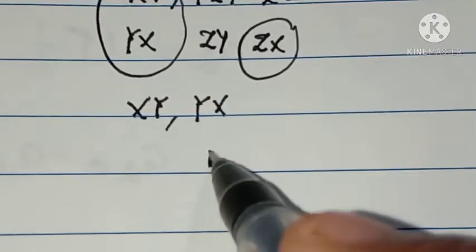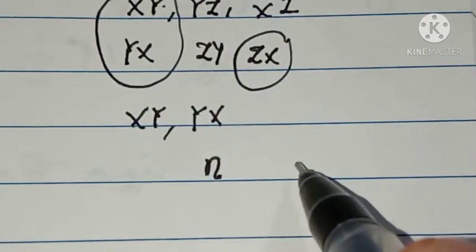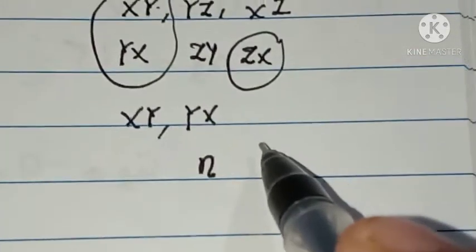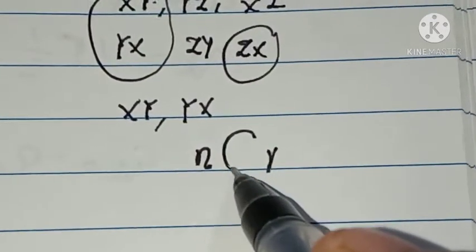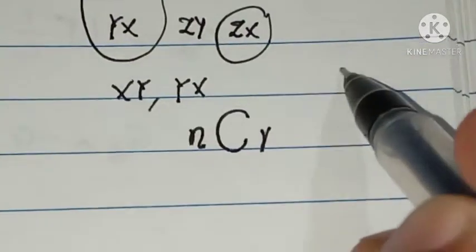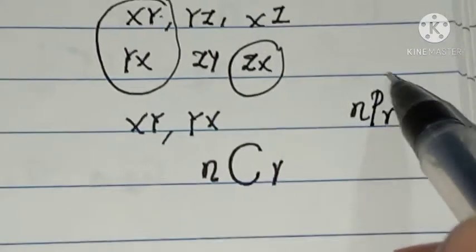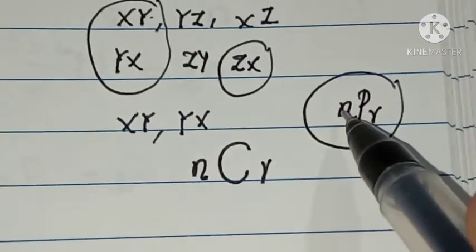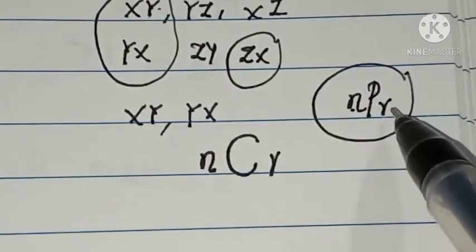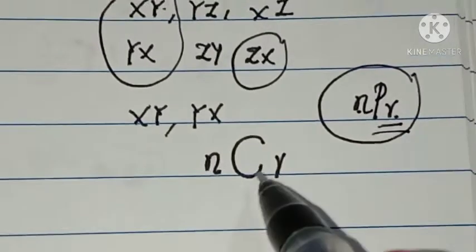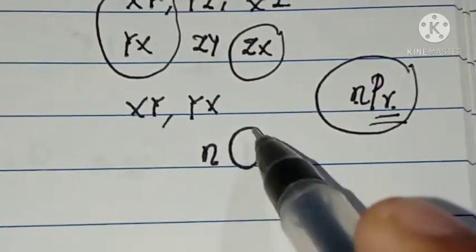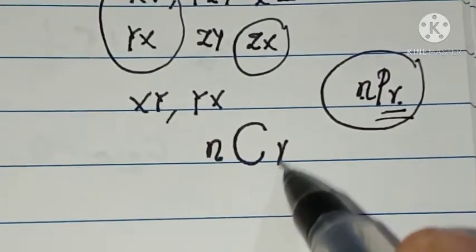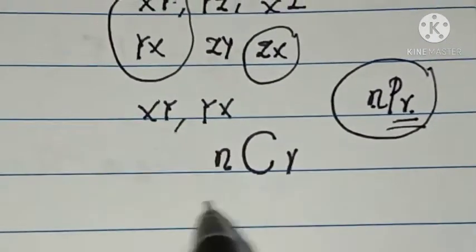Suppose we have n objects and we need to select r objects at a time, and this can be written as nCr, just like nPr. In the case of nPr, we need to arrange r objects out of n objects at a time. Here there is selection, or combination: out of n objects, we need to select r objects at a time.